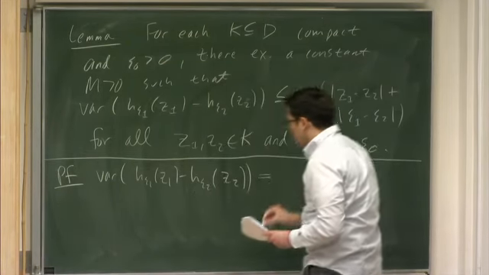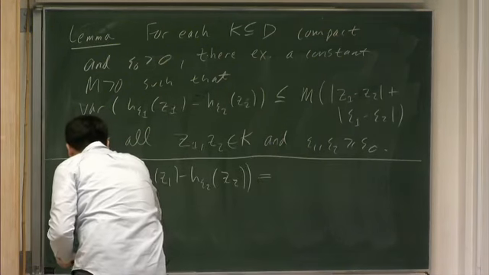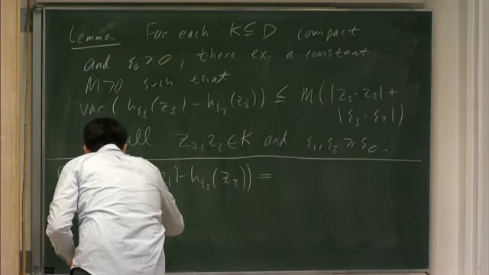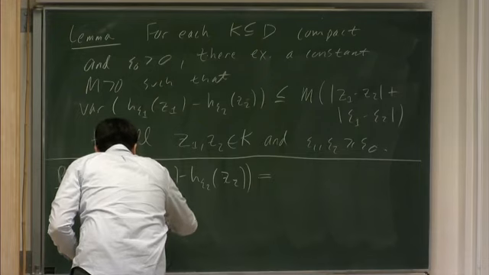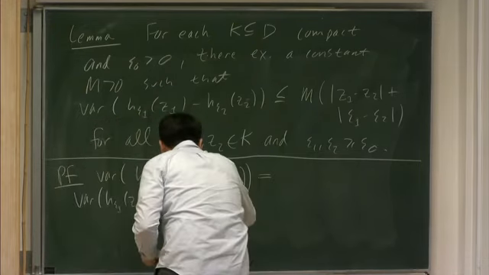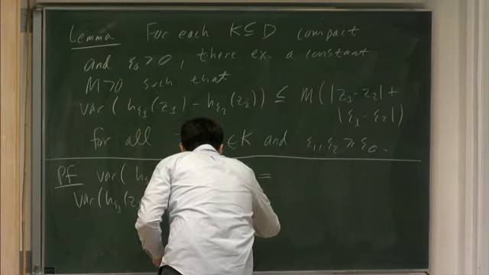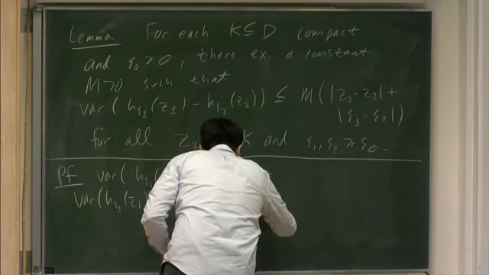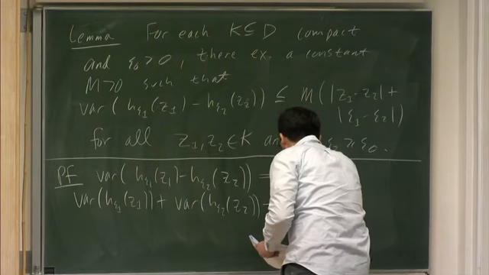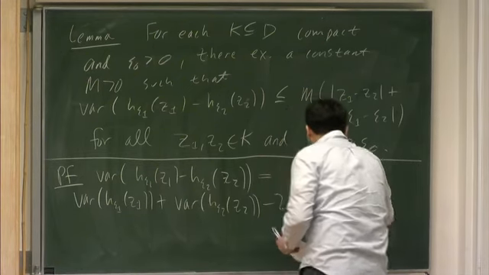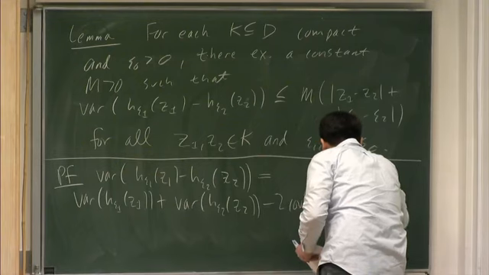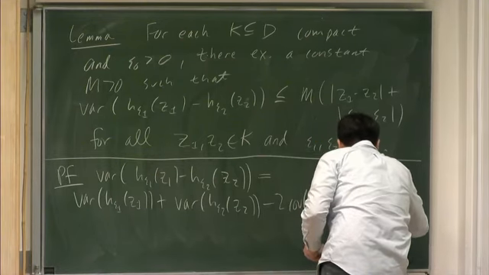I can write this as the variance of the first term, h epsilon 1 of Z1, plus the variance of the second one, h epsilon 2 of Z2, minus 2 times the covariance of h epsilon 1 of Z1 and h epsilon 2 of Z2.